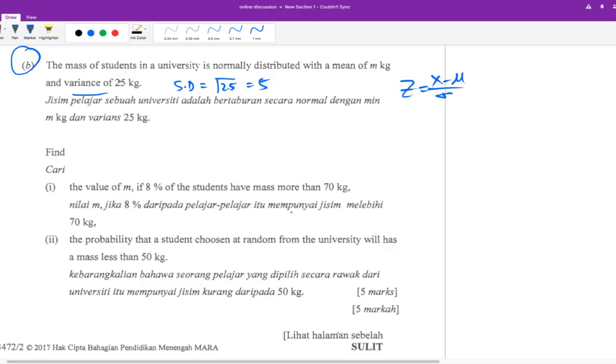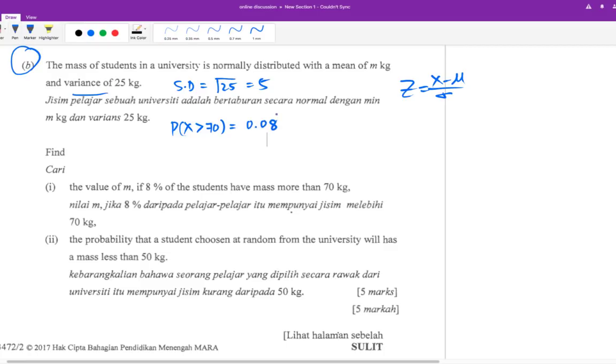Okay, so the value of m is such that x% of students have the mass more than 70 kg. So that means for the mass, I will let x become the mass of the student, alright? So the x is more than 70, we have 8%. 8% is 8 divided by 100, which is 0.08.